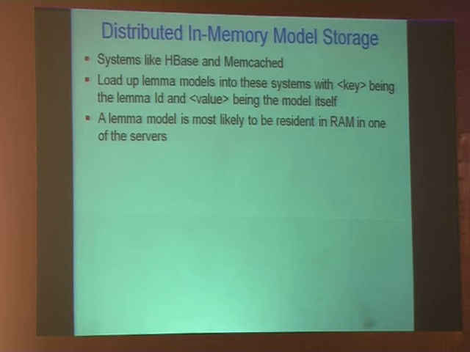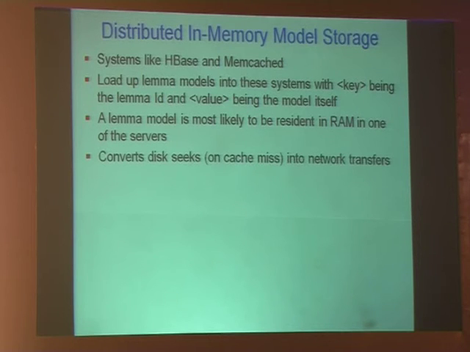We expect this should work fine, since a lemma model is most likely to be resident in RAM on at least one of the hosts. The average model size is around 1.37 KB. So we eventually convert those disk seeks on cache miss into network transfers.